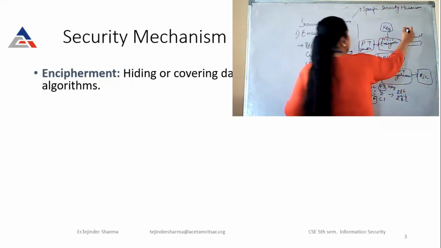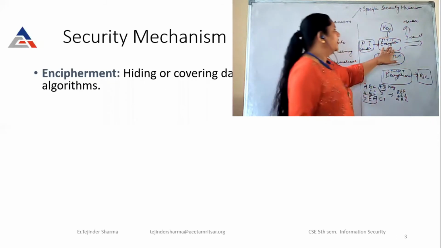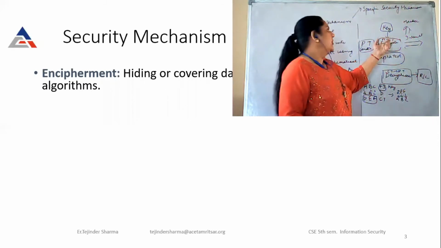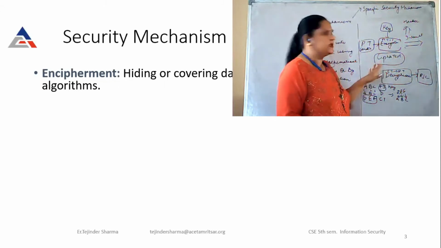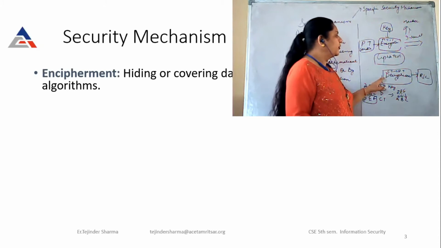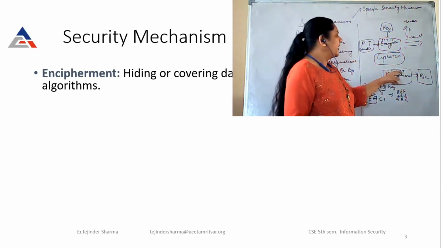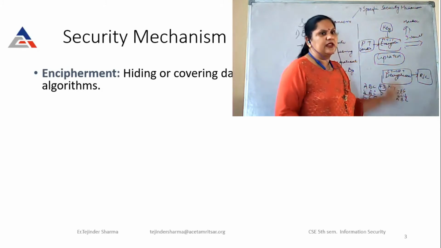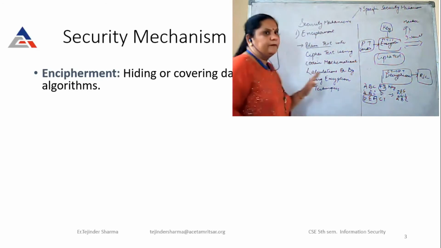That means if somebody is sitting here as a hacker, he should not be able to read the message which is being transmitted between the sender and the receiver. Then this message will go to the receiver, where it will perform the decryption. It will convert that ciphertext into the plain text using that particular key. So this is called encipherment.